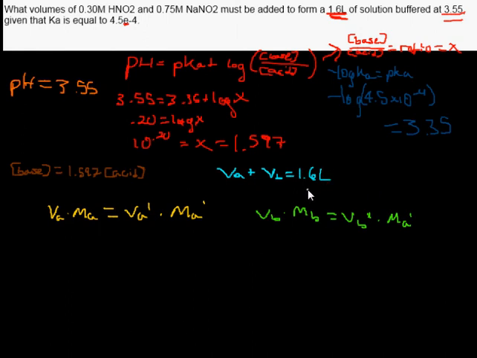We can say that this 1.6, because this is the final volume, right? The total volume is equal to V of A prime, which is equal to V of B prime. Because at this point, the volume of both is exactly the same because they're both in the same solution. So, the total volume total. So, all of this just to say the same thing.